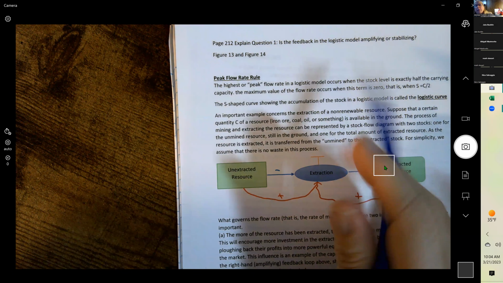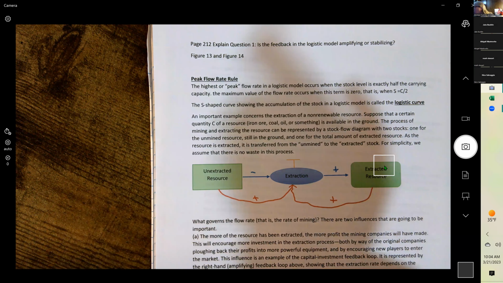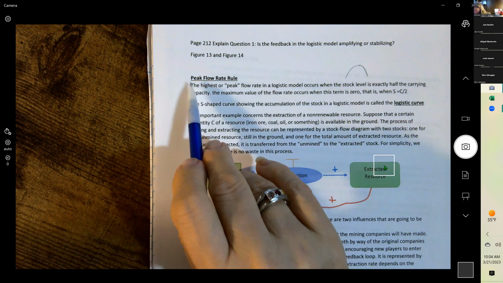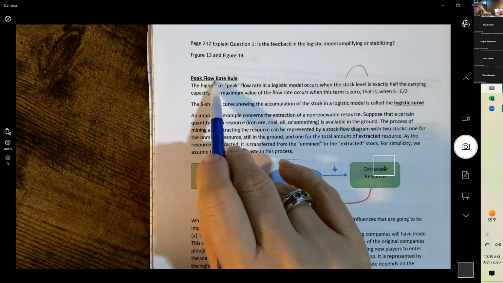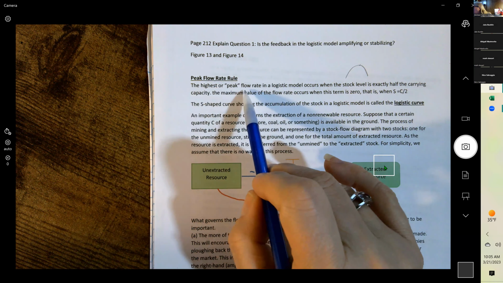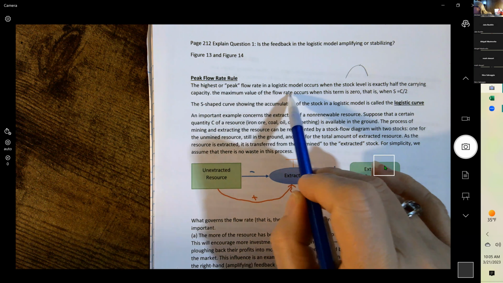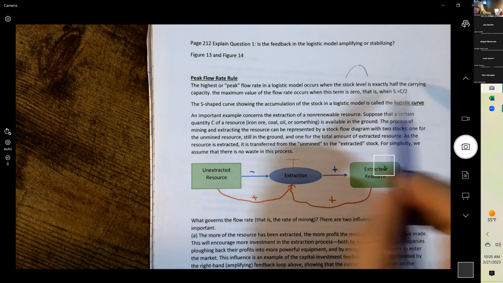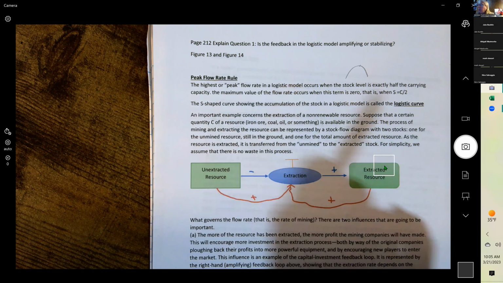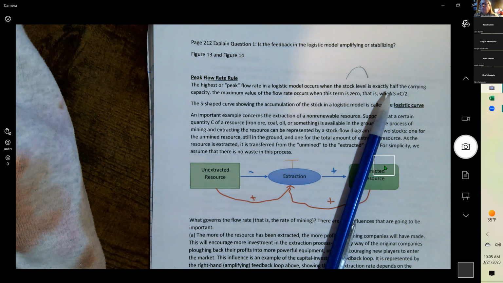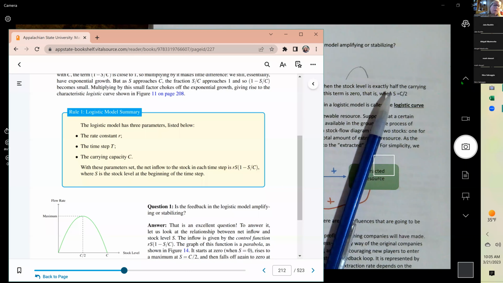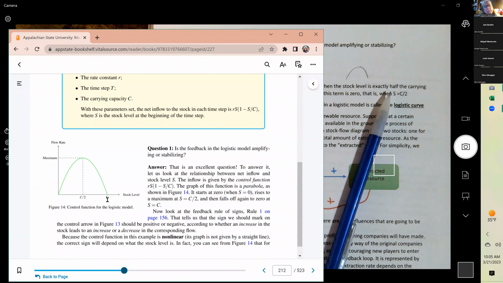That high point we saw in the parabola, the graph that went this way. This high point is the peak, where there's the peak flow rate. The highest or peak flow rate in a logistic model occurs when the stock level is exactly half of the carrying capacity. So if we look at that graph again, C is the carrying capacity.